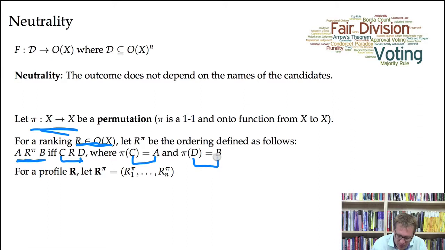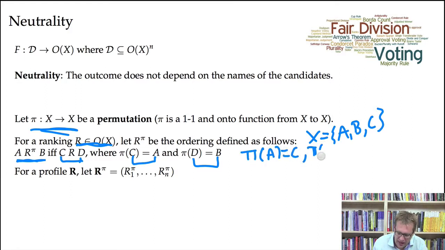So, for example, suppose X contains three candidates, A, B, and C, and we have some permutation of the names of the candidates. So pi of A is equal to C, pi of C is equal to A, and pi of B just remains fixed.